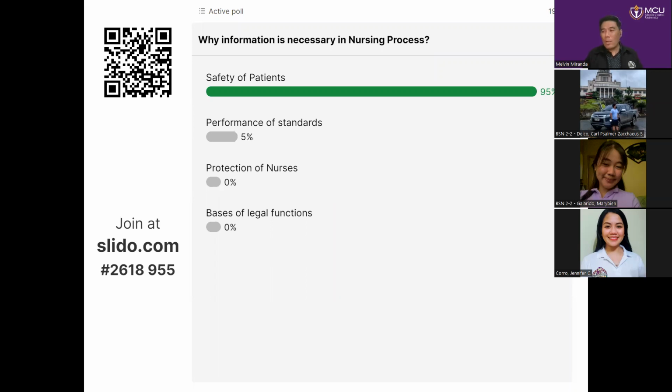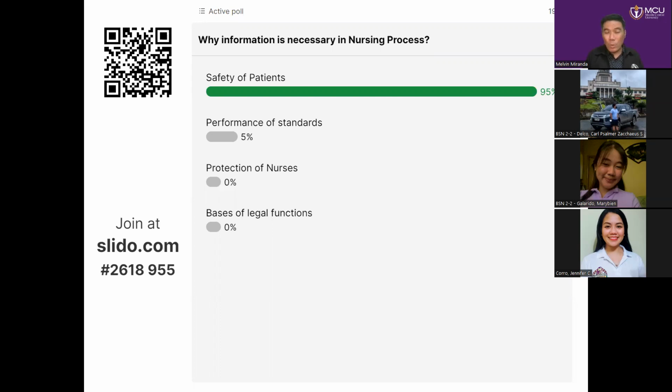Number two, performance of standards: information is necessary because it will give you the foundation that what you are doing is based on research findings or literature that will justify and validate your decision.